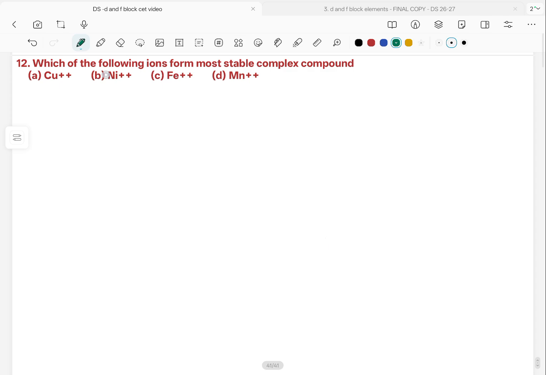The question is like this: which of the following ions form most stable complex compound? A metal when combines with a definite number of ligands, that forms complexes.